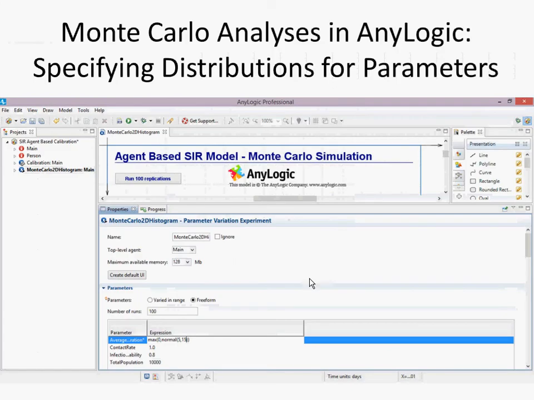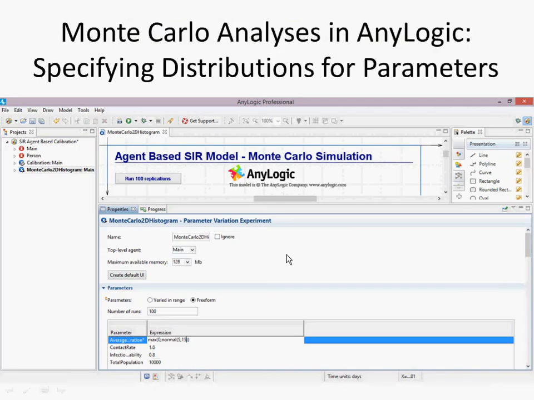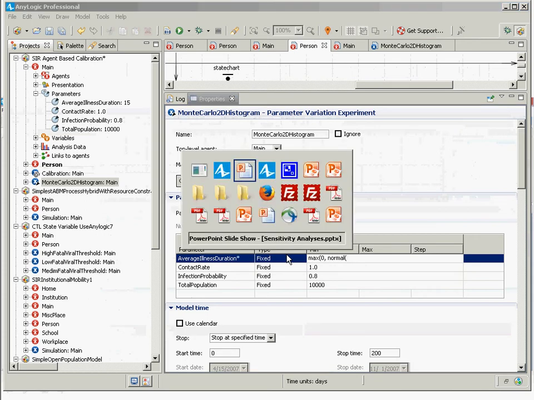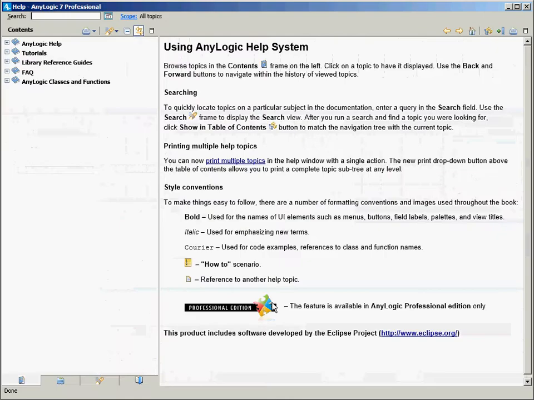We'll draw a value. It'll be a truncated normal distribution with a standard deviation of 5 and a mean of 15. And forgive the affront of reversing those two.